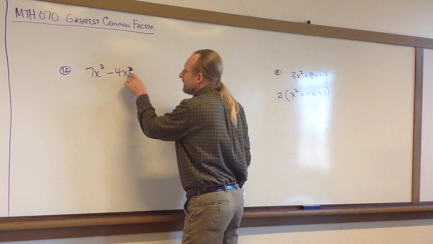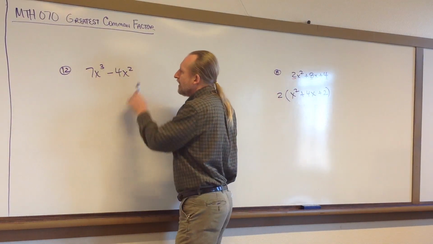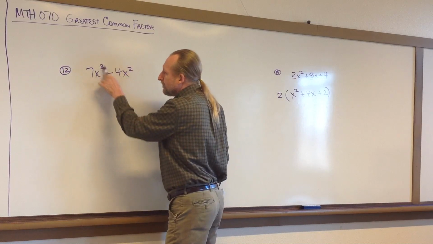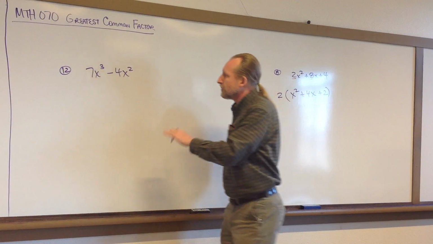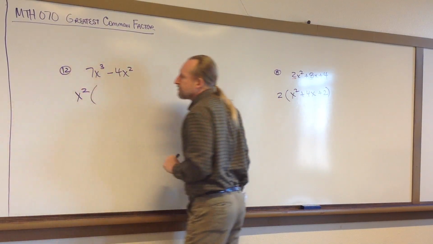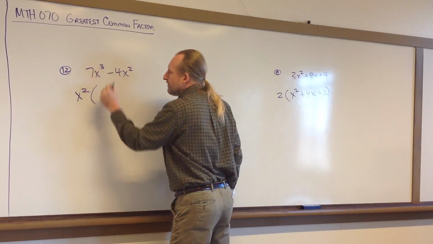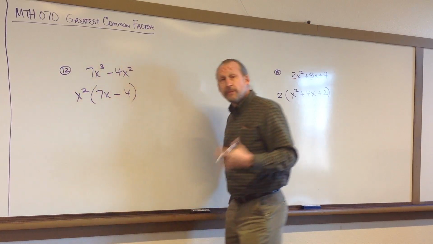So this one has an x squared, and this one has an x cubed. Now, since this only has a squared, we can't factor x to the third out from both terms. But we can factor the x squared out. So here, that'll leave us with 7x to the first, and then here, just the minus 4.